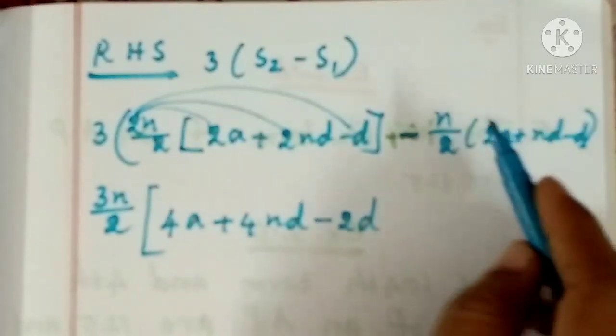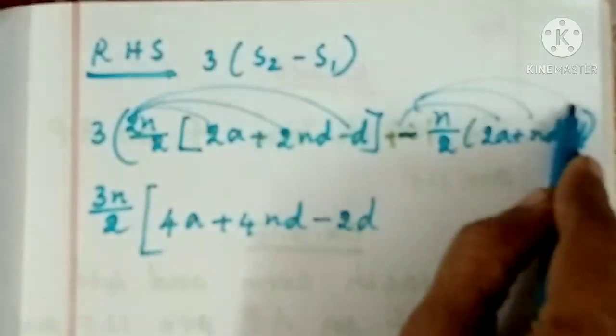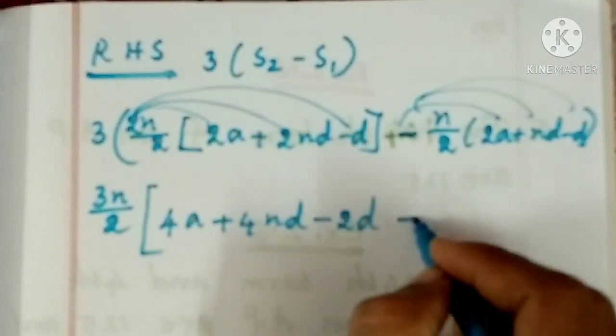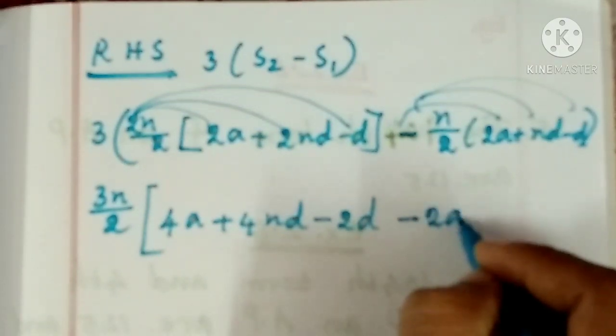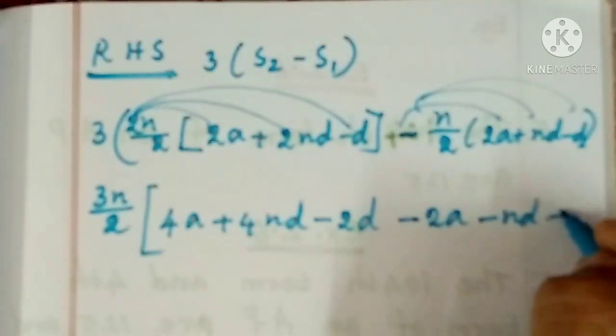Now here you have to multiply the minus sign inside the bracket term, which means we get minus 2a minus nd, minus into minus plus d.